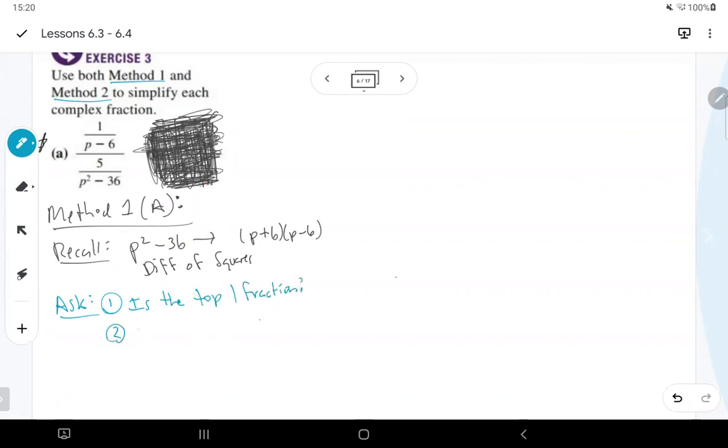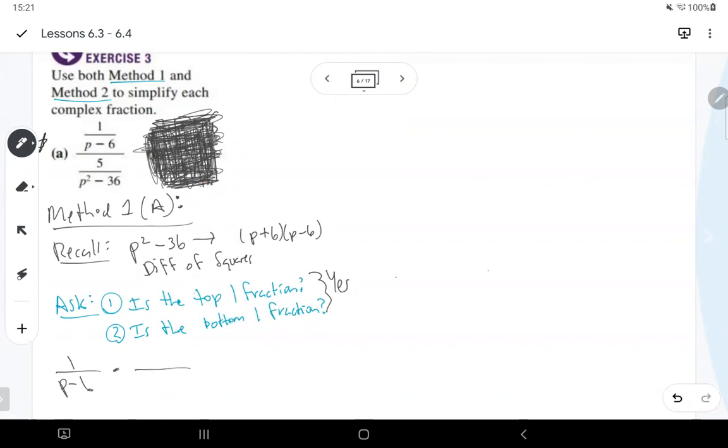And is the bottom one fraction? Thankfully, for this problem, both of those answers are yes. So then all we have to do is go straight to multiplying by the reciprocal.